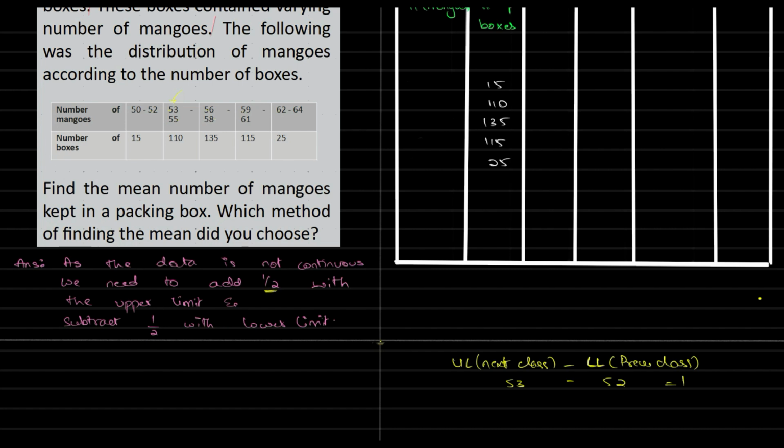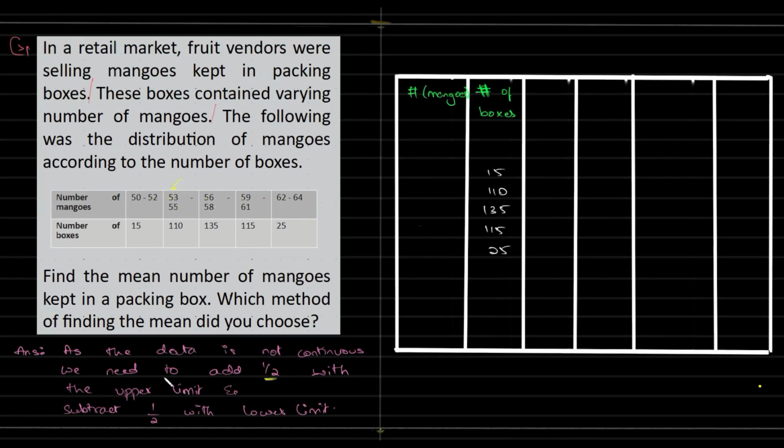So how will it make it continuous? Let's have a look. Remember, we are adding half to the upper limit and subtracting half from the lower limit. So let's see if this works out. We have 49.5 to 52.5. Then we have 52.5 to 55.5.